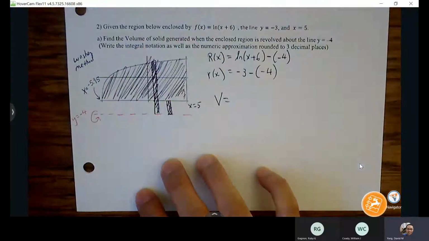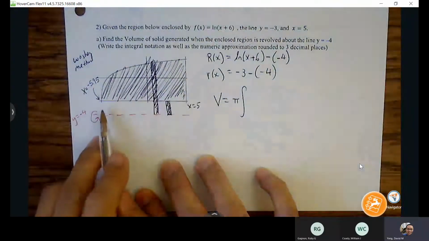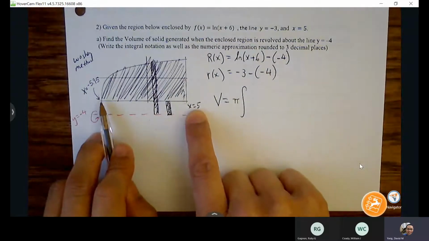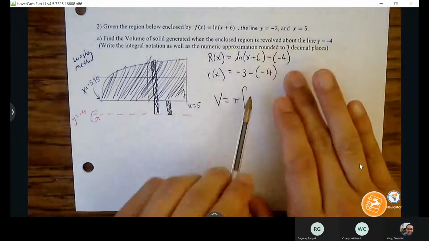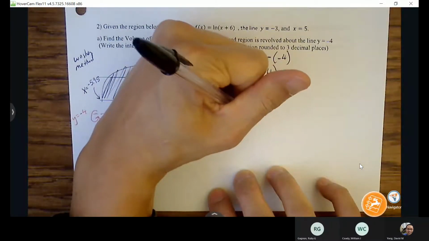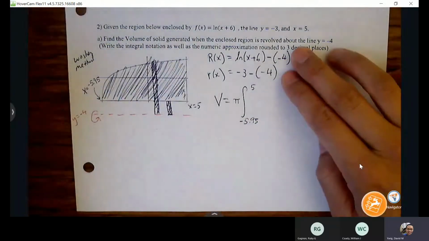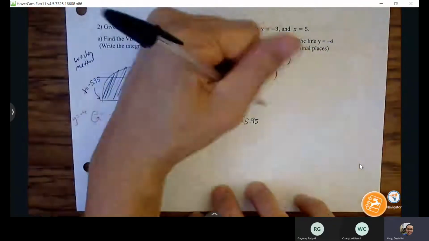Okay, ready for the volume formula. Left bound to right bound, right? Everything's in terms of x. Make sure that you're squaring your radius separately.